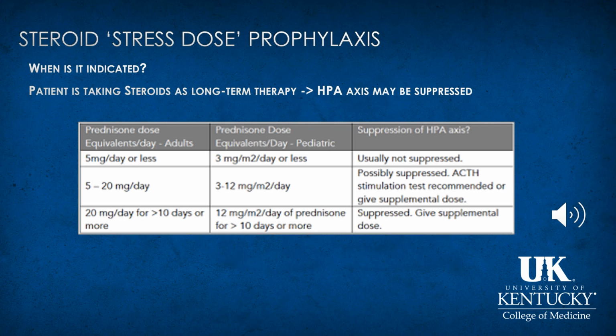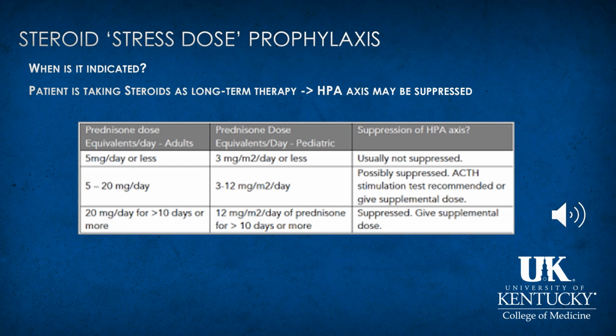So what doses are we talking about? Okay, if a patient takes less than 5 milligrams a day, it's unlikely that the adrenal gland will be unable to produce enough cortisone required as part of the stress response. If a patient is taking 5 to 20 milligrams for a longer period of time, then it possibly could be suppressed, really depending on individual factors and duration of the therapy.